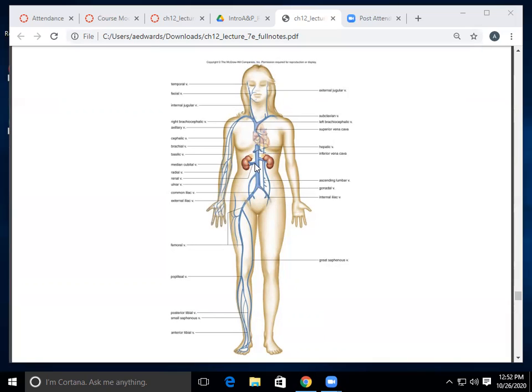Hepatic and renal veins will feed into the inferior vena cava. Femoral vein, popliteal, anterior tibial, great saphenous, they will all feed into the common iliac vein, which feeds into or forms the inferior vena cava.